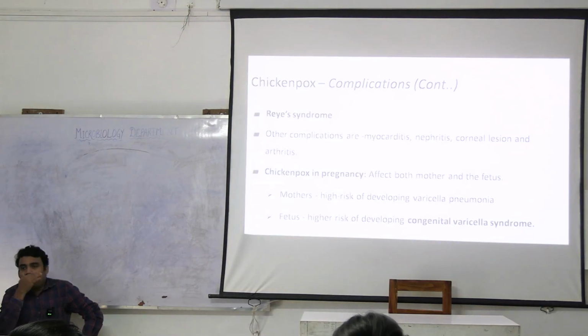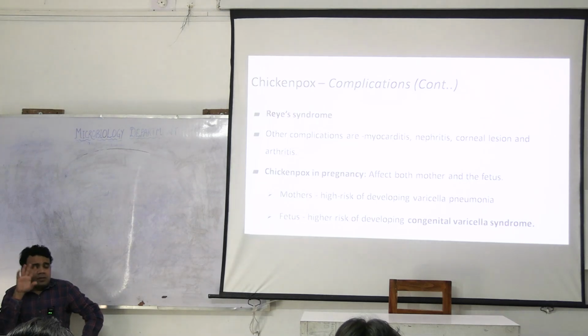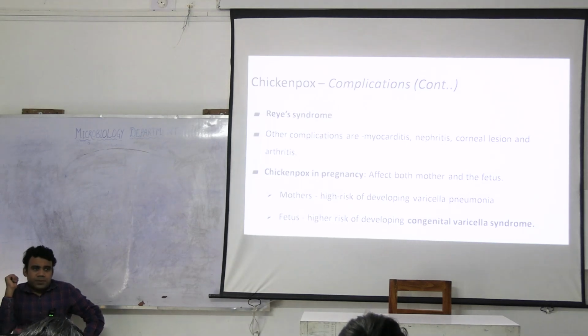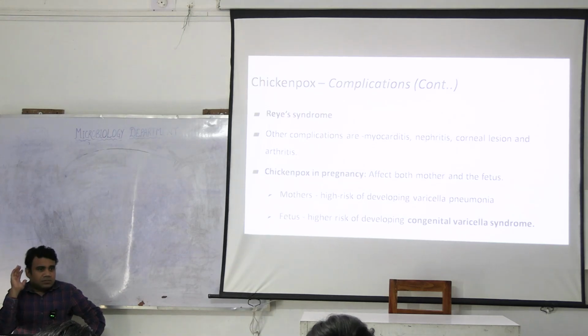Okay. But suppose the woman gets infected with varicella, that is chickenpox, during pregnancy, what will happen? See, if the woman is in the first trimester of pregnancy, chances are the fetus will get damaged, because this viremia can cause end organ damage.